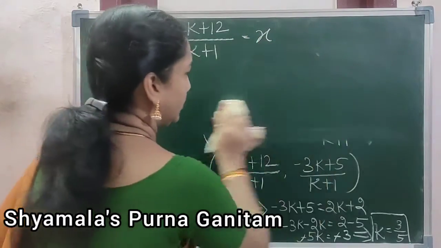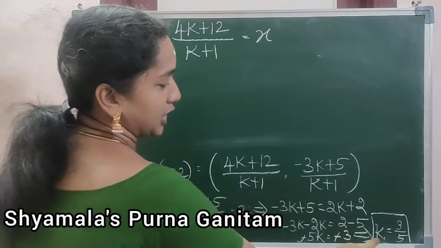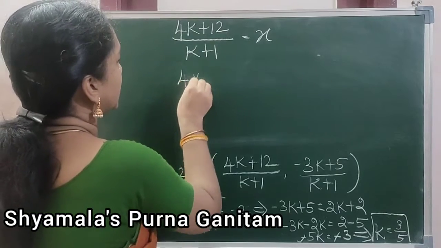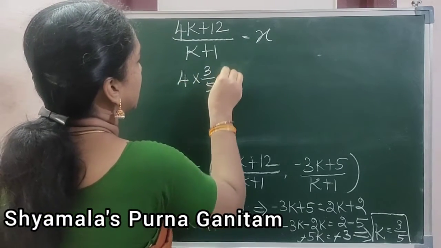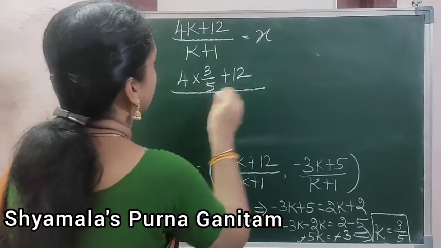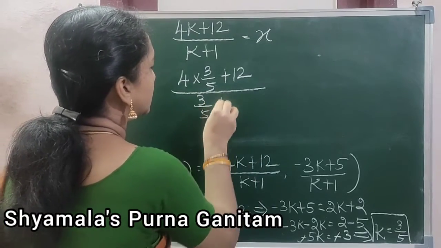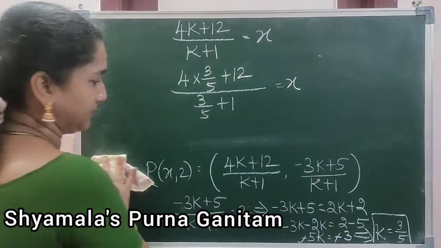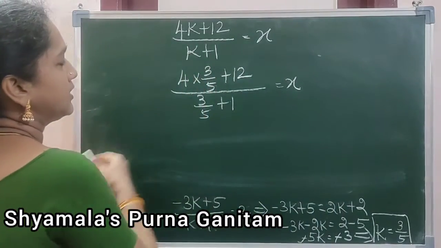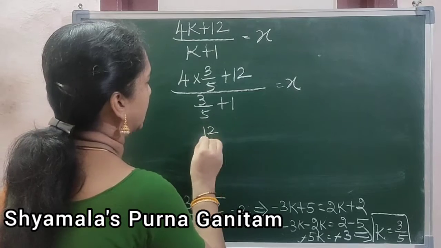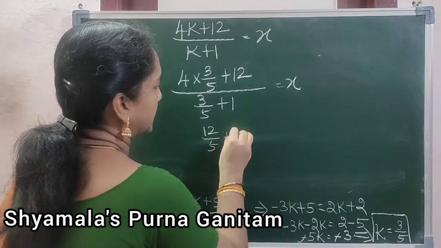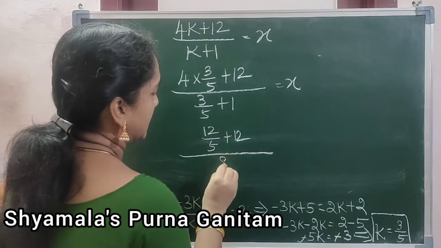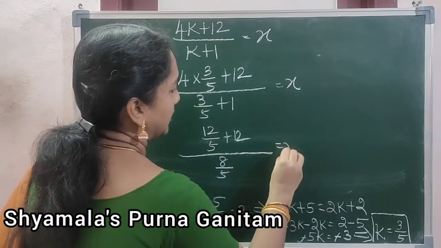Okay. So when we are substituting this k value as 3 by 5 here, (4 into 3 by 5 + 12) by (3 by 5 + 1) is equal to x. So this has to be simplified. So this one, 4 3s are 12, 12 by 5 plus 12, by 3 by 5 plus 1 is 8 by 5, is equal to x.